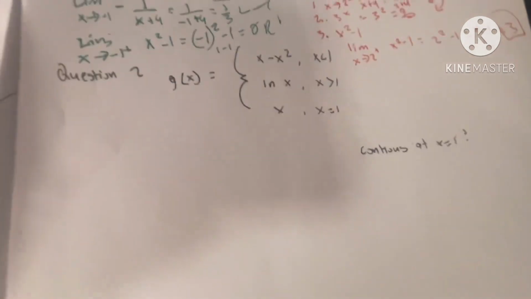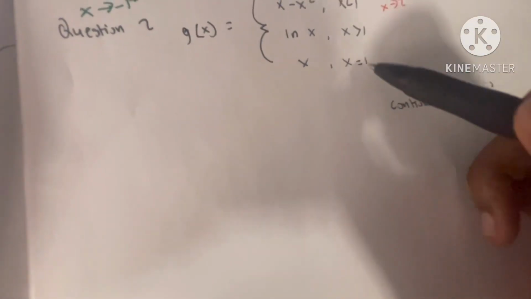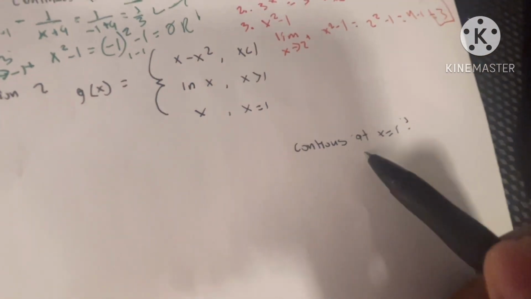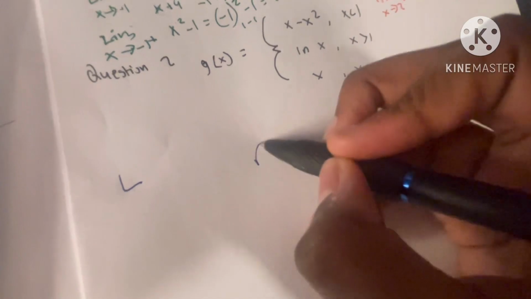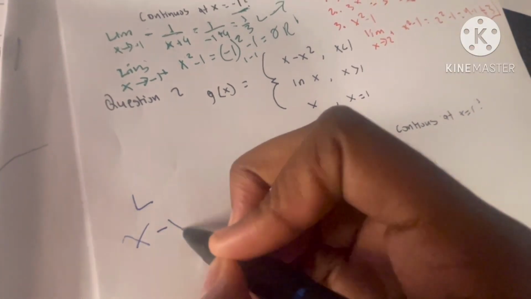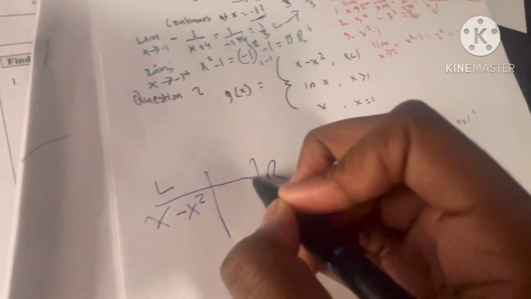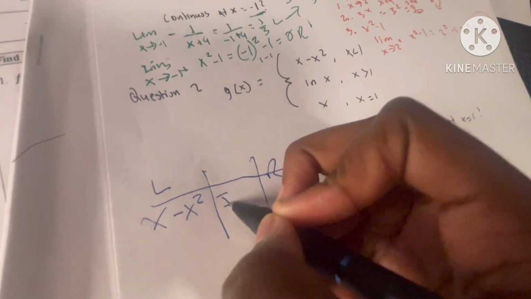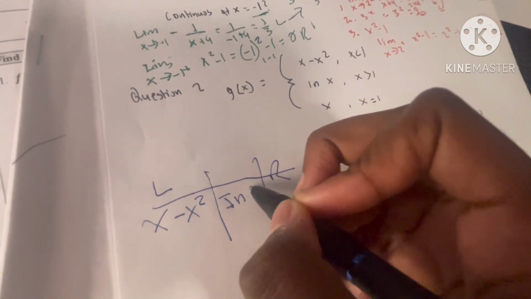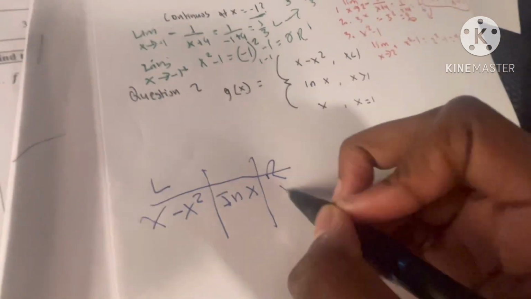Yeah. We can go to question 2, and it gives us g of x, and it gives us all the equalities. And we're trying to find if it's continuous at 1. So starting with my left and starting with my right, my left is x minus x squared. The middle, what the points are supposed to align and match, is natural log of x, and the right is just x.